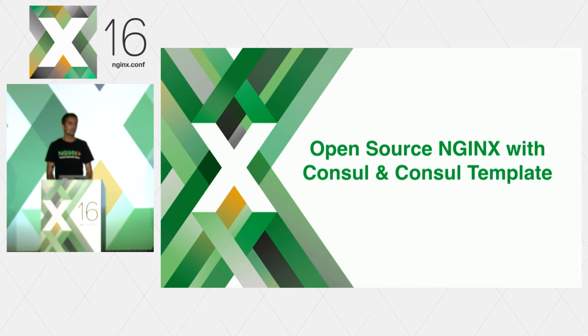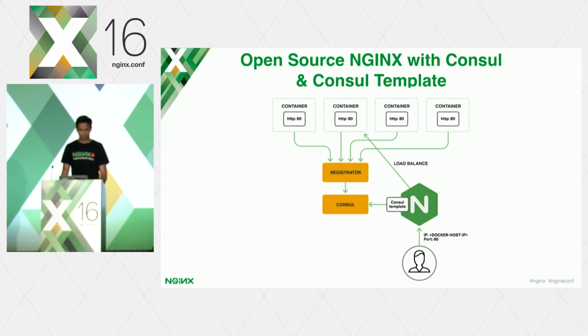So let's first go into seeing how open source NGINX integrates with Consul and Consul Template. This diagram shows you the complete end-to-end integration. As you can see, the backend HTTP service containers can be either web servers or app servers, which need to be load balanced here by NGINX.